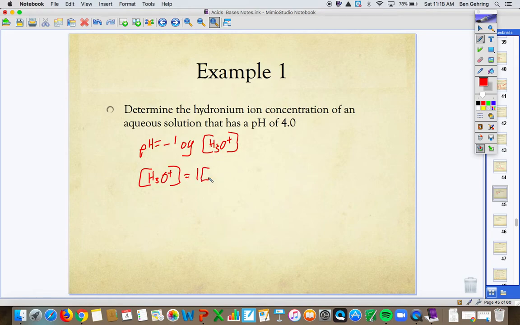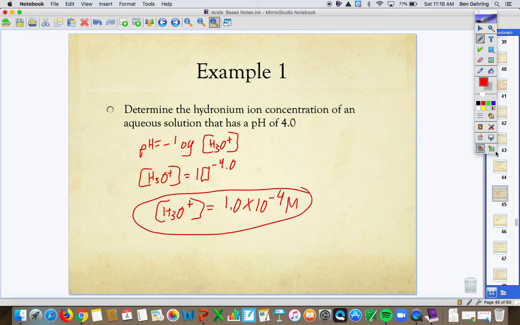So this is going to be 10 raised to the negative pH, which in this case is 4.0. And so voila, there's your answer: 1.0 times 10 to the minus 4. And it's got to be molar because we're looking at concentration numbers.